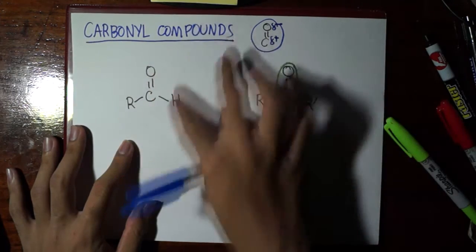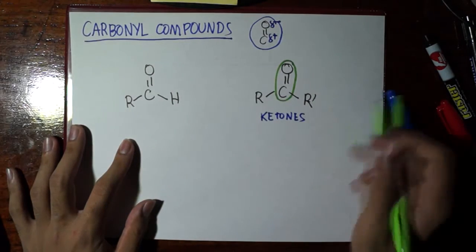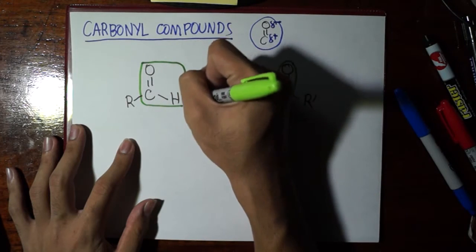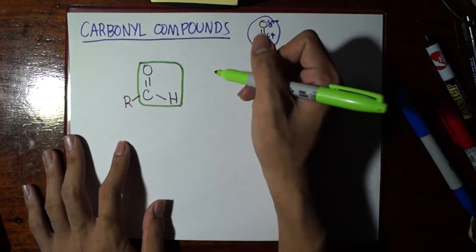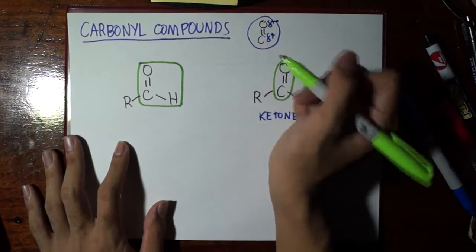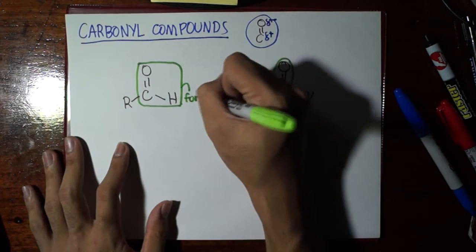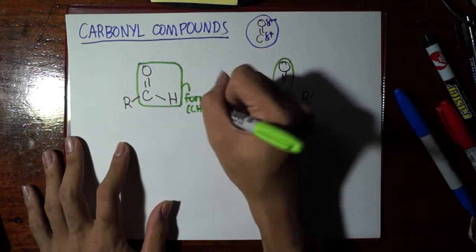But this is different. It has the carbonyl group, yes, but then again, there is a functional group in the likeness of this C double bond O, then single bond H, which actually acts as a standalone functional group. And this is actually called the formyl group. If it's condensed, it will be something like CHO.